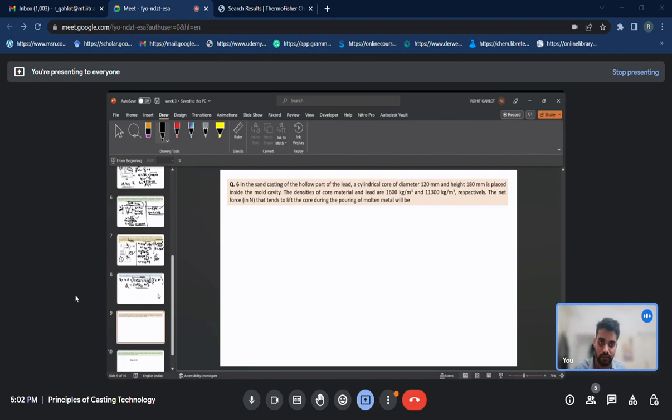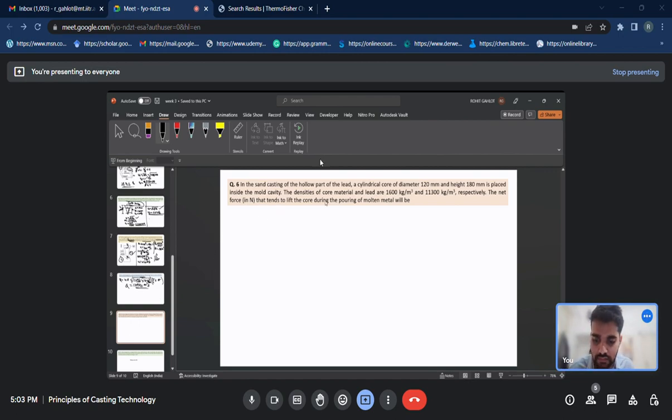Okay, now we will move to question 6. In the sand casting of the hollow part, a lead cylindrical core of diameter 120 mm and height 180 mm is placed inside the mold cavity.